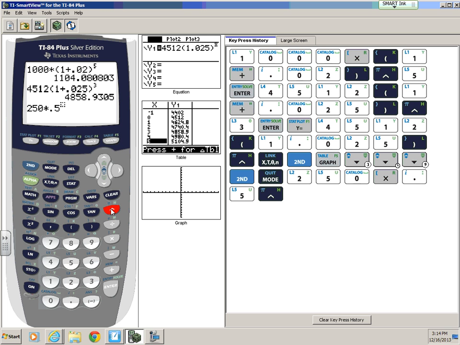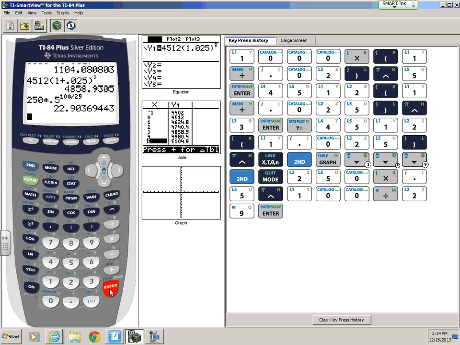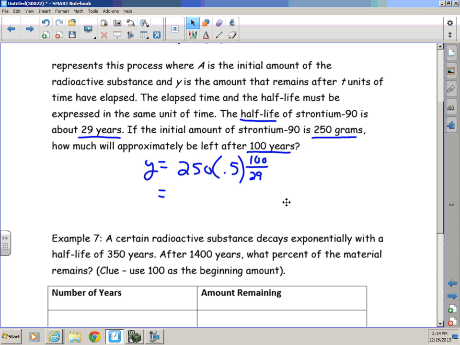Now, since this gives me an exponent location here, I don't have to worry about putting it in parentheses. But if it doesn't come up with that, then you need to make sure you put it in parentheses. 100 divided by 29, and you get approximately 22.9 grams.